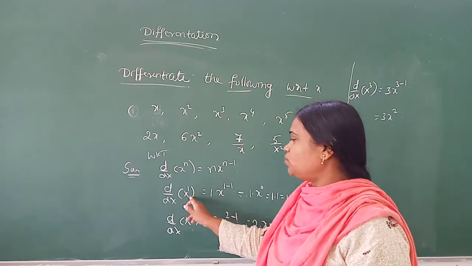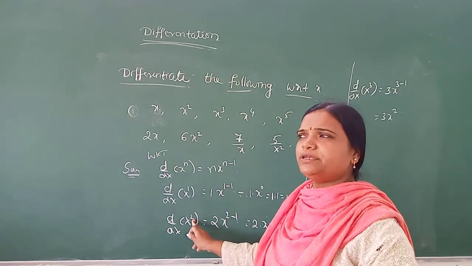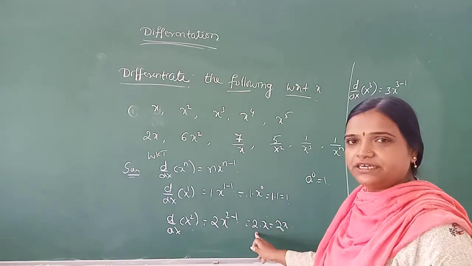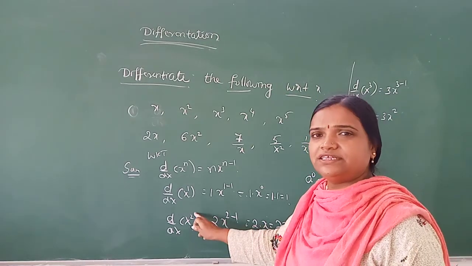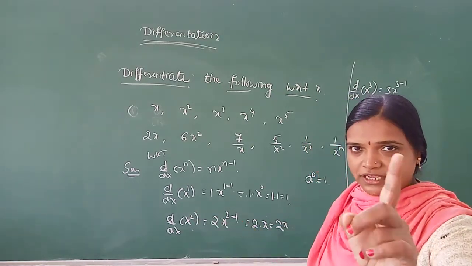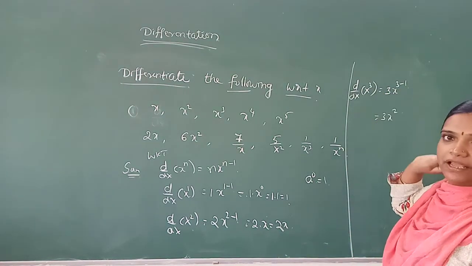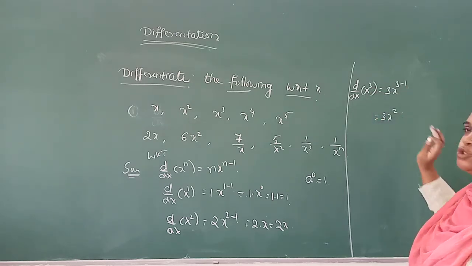Here 1 is there, 1 minus 1, 0. Here 2 is there, reduced by 1 means 2 becomes 1. Power is multiplied, and x square becomes x. Similarly here x cube, the power we multiply and its power should be reduced by 1. 3 minus 1, what will it be?